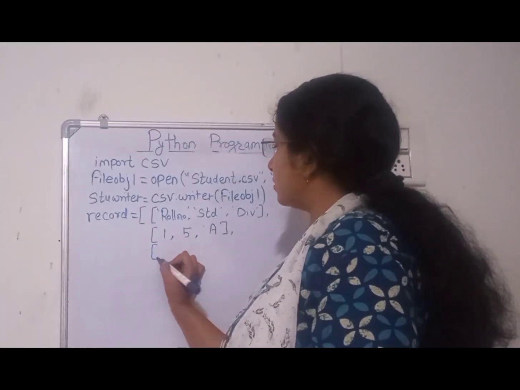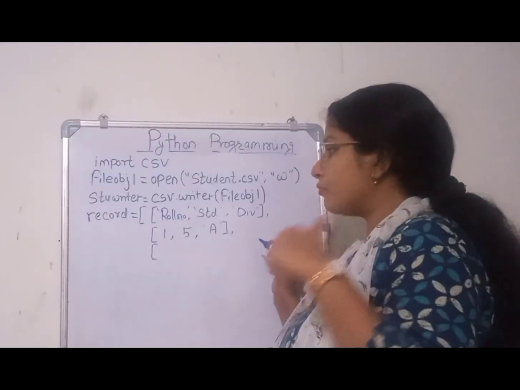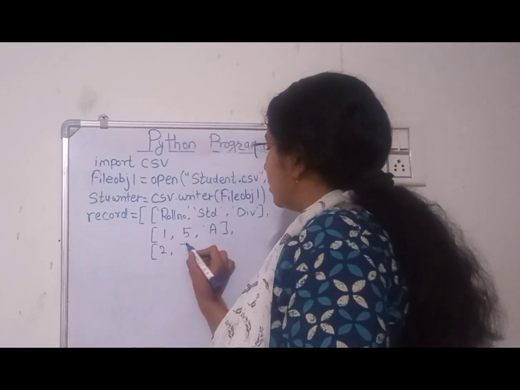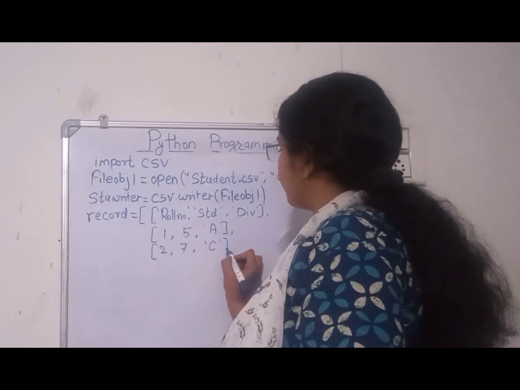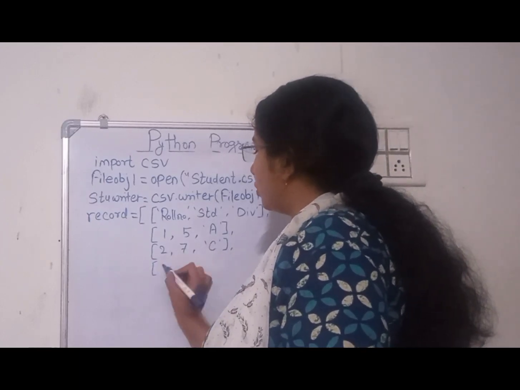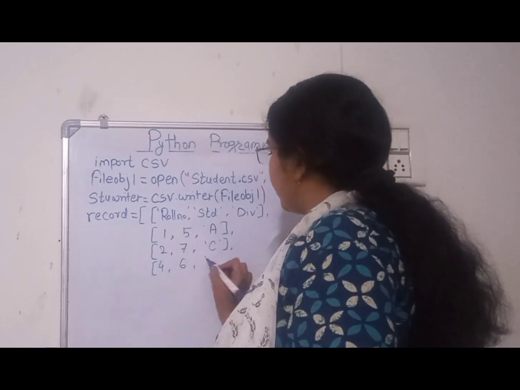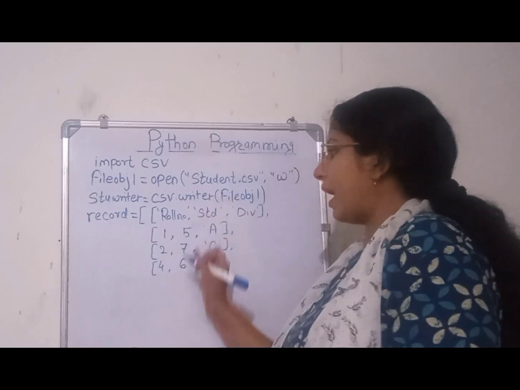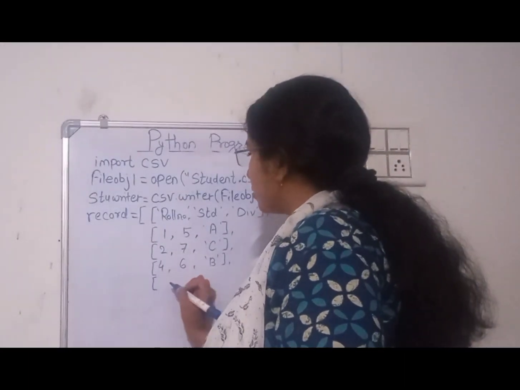Then this is the second row, but my first data: roll number 2, standard is 7, division C. Then roll number 4, standard 6, division B. Just like that, you can add multiple entries here, multiple records.